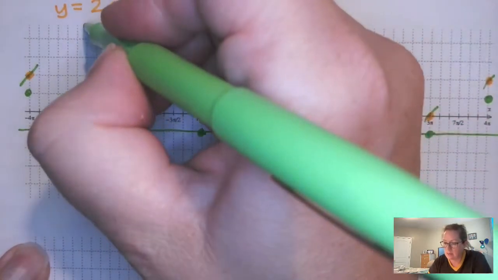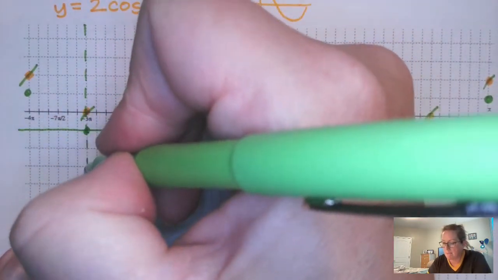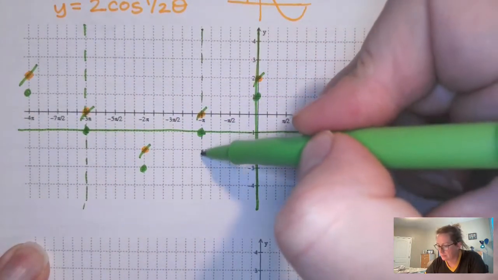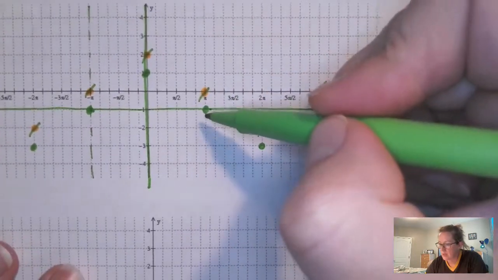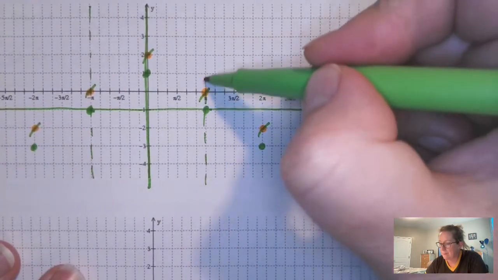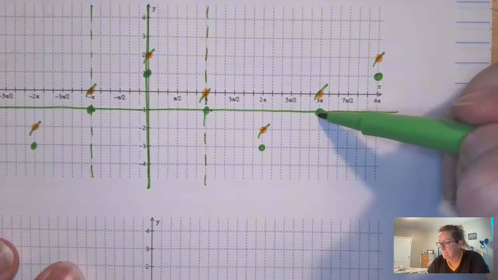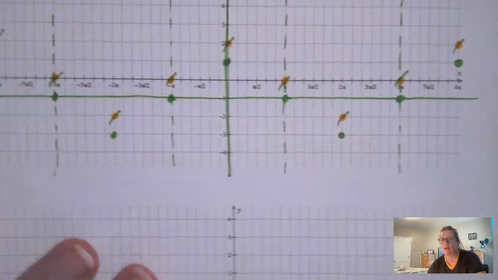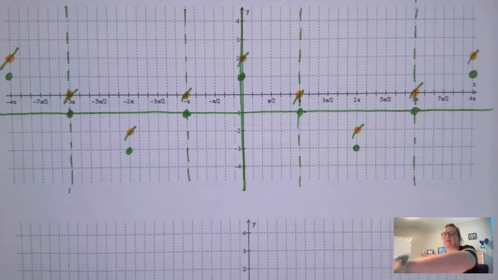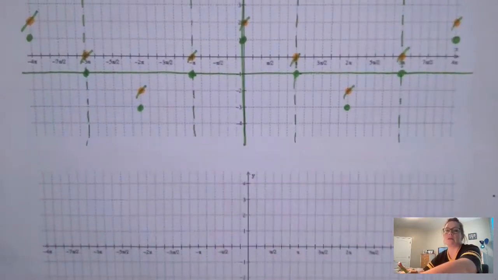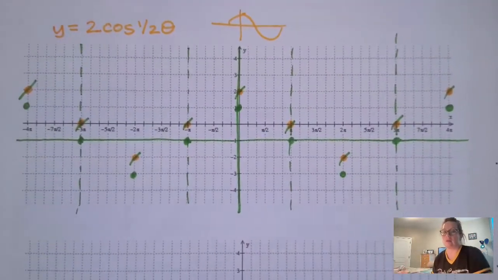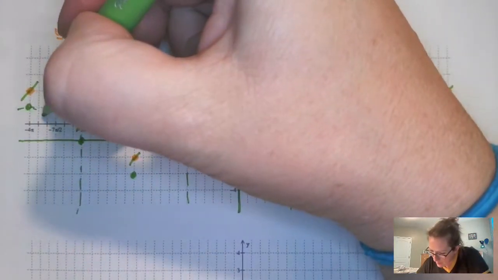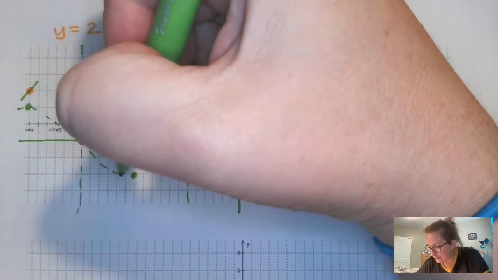So we're going to have asymptote, asymptote, asymptote. Okay, and the next thing we need to do is graph our sine, or I'm sorry, our cosine with a dashed line.